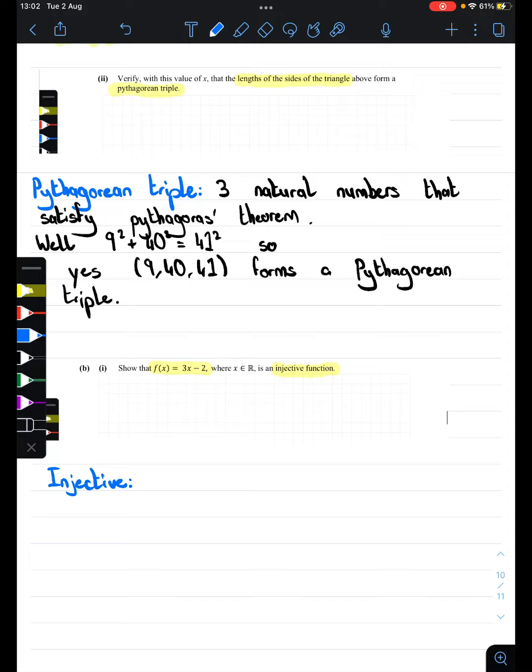Injective means that if f of x equals f of y, then x equals y. So it's basically saying that it doesn't send two different points to the same point.